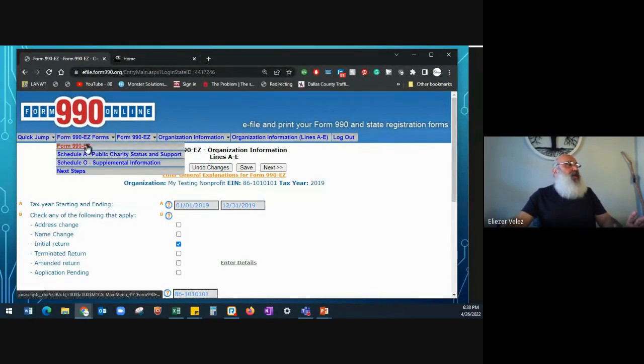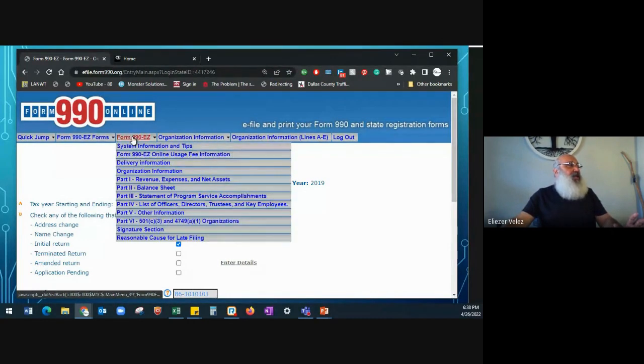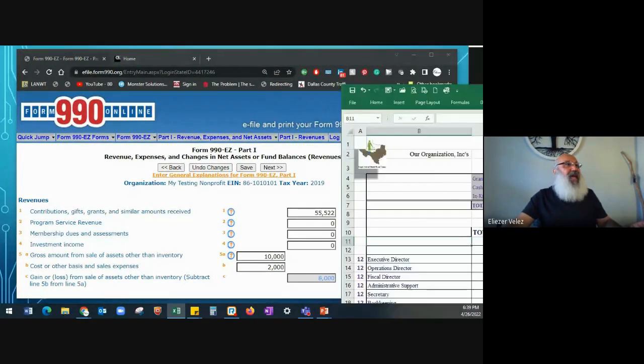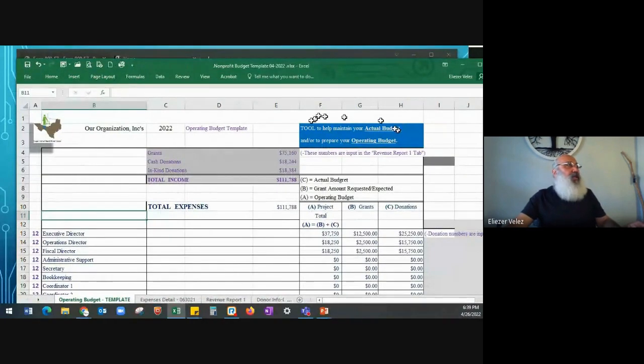So let's say we're going to be here in the 990, and we're going to go to the revenue. And this is where Sam was speaking about. If you'll notice these numbers on the left, they also correspond to, if you remember, the last class that we did on helping you put together your actual budget and your operating budget.